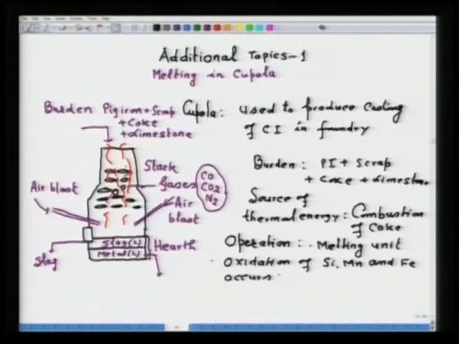As a result of the oxidation of silicon, manganese and iron, you get SiO2, MnO and FeO. Carbon may also oxidize.